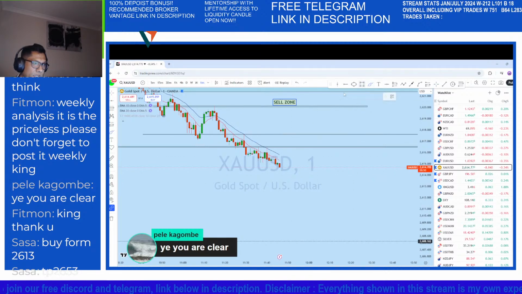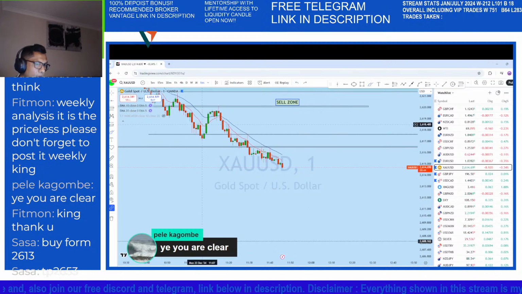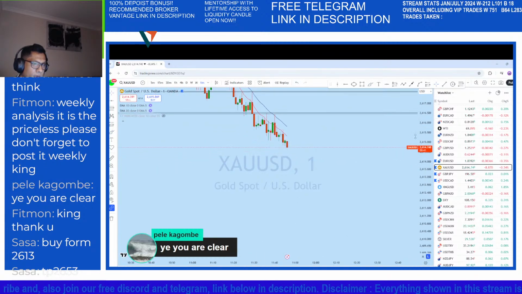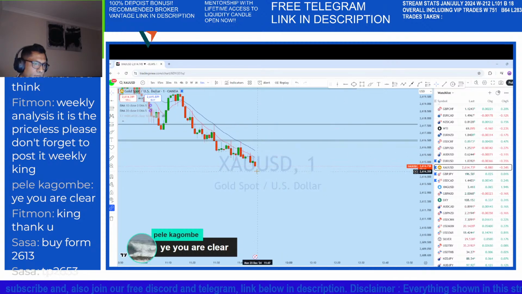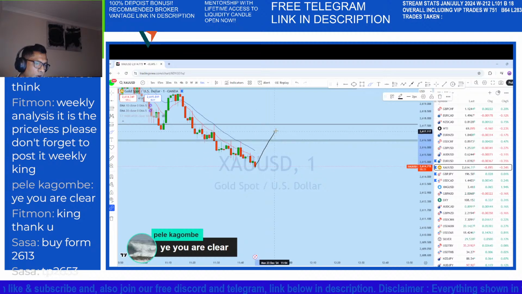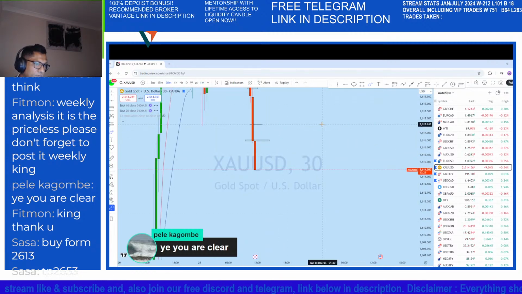The market forming series of lower high. We'll be waiting for a break of structure and then to drop again in that direction.